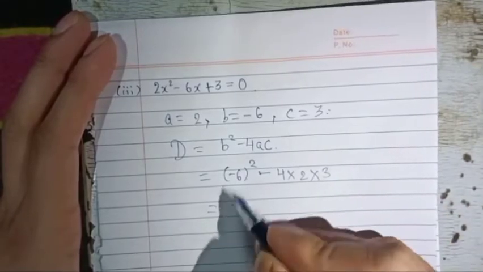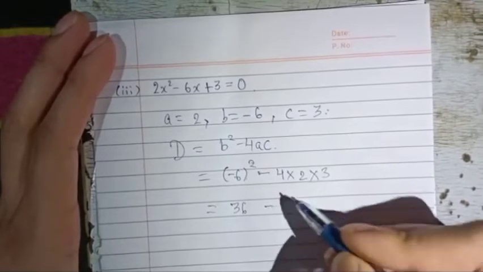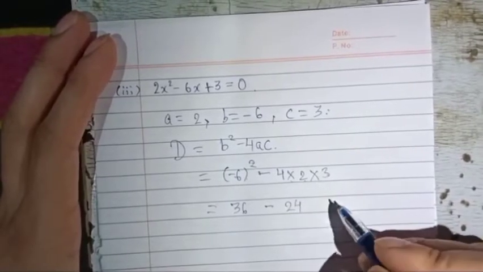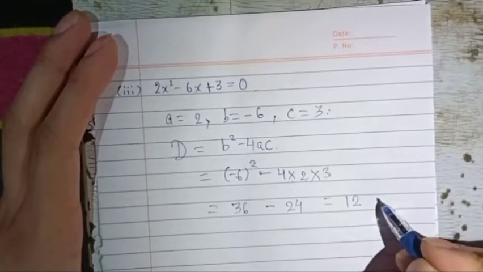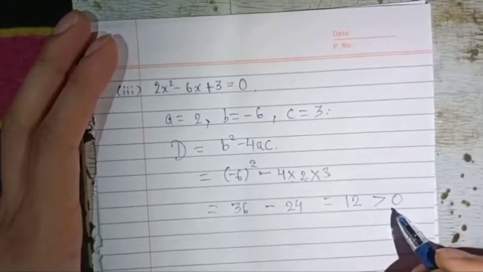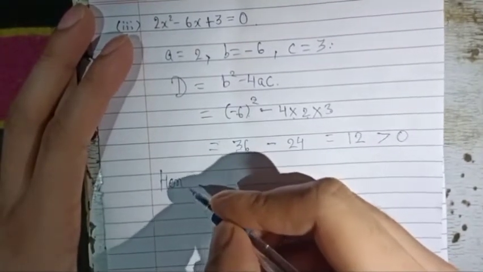So it will become minus 6 whole square is square of 6, 36. Then minus 4 2s are 8, 8 3s are 24. So 36 minus 24, that is equal to 12. And 12 is a positive number, that means it is greater than 0. So if it is greater than 0, that means there will exist two distinct real roots.